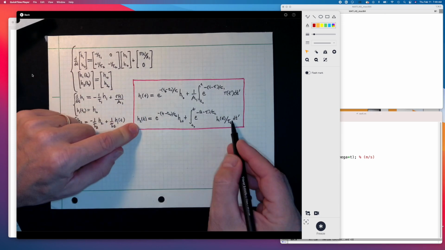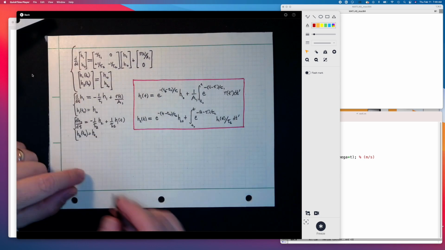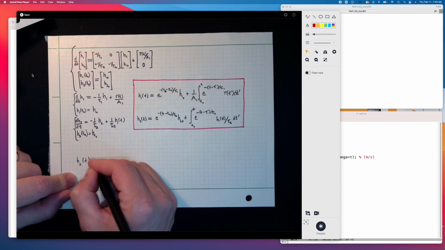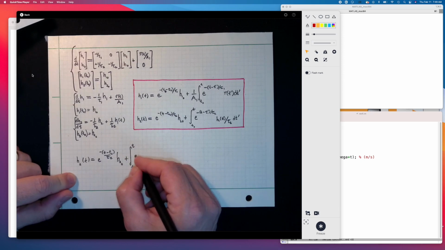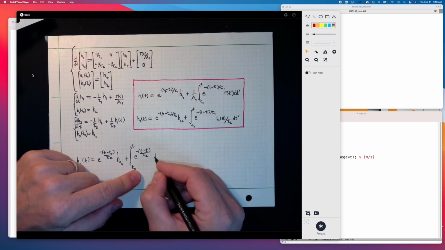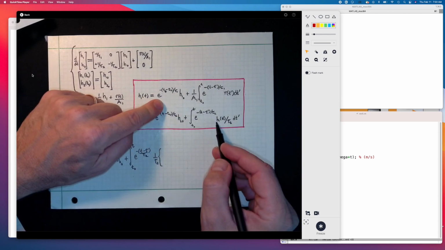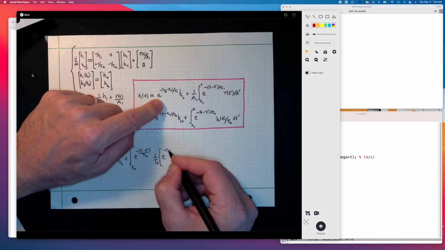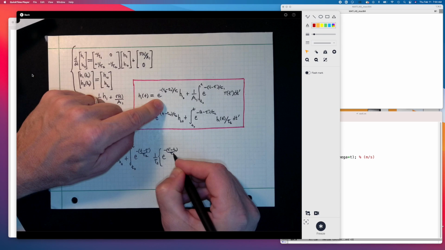So I'll recopy this answer, but now replace this with the solution. So h2. And now I'm going to put in this expression for what h1 of t prime is. So that will be e to the minus t primed minus t naught over tau 1.